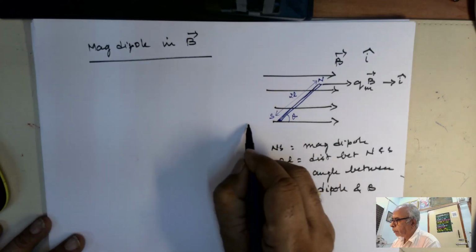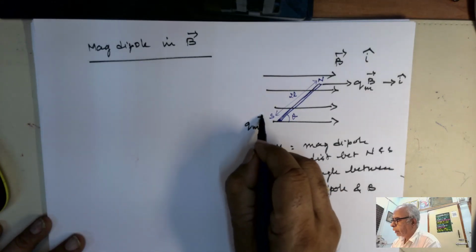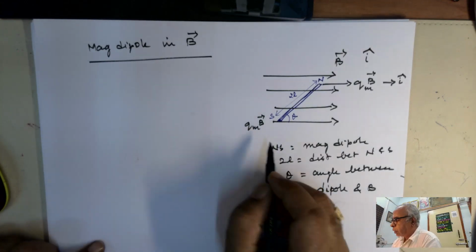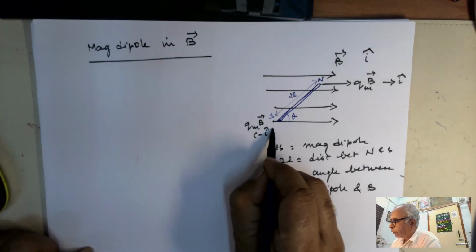Similarly, here QM B vector, that is the force experienced by the south pole. So this is of minus I cap.